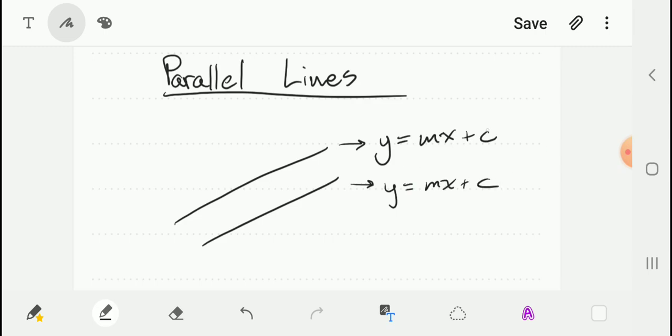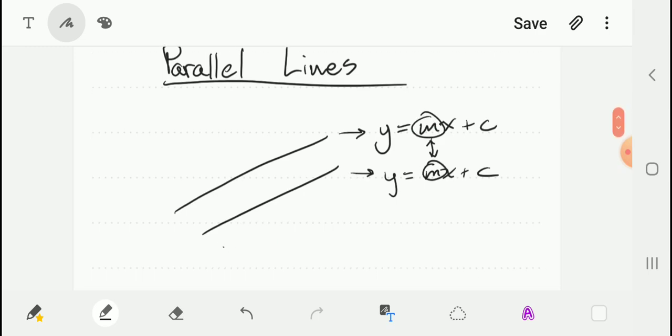Because they're parallel, these two m values are going to be the same. Parallel means two lines have the same gradient.